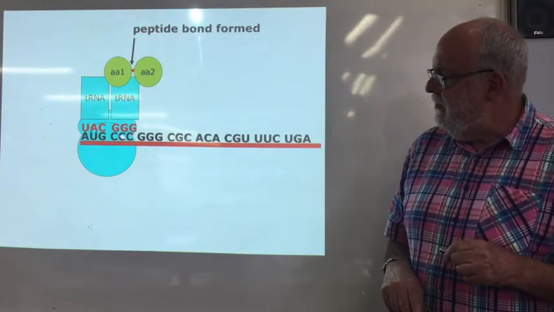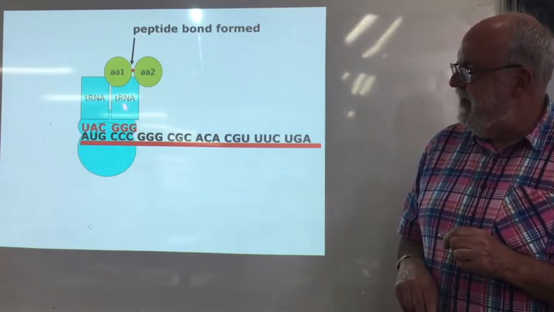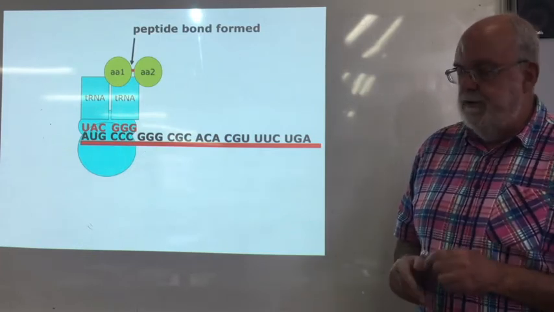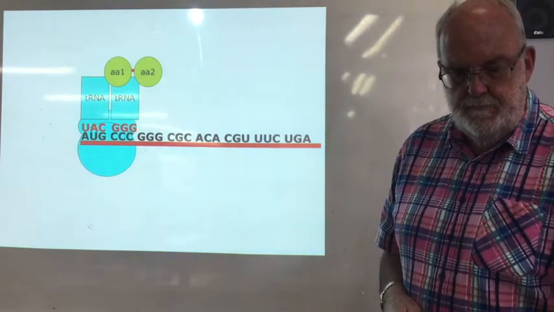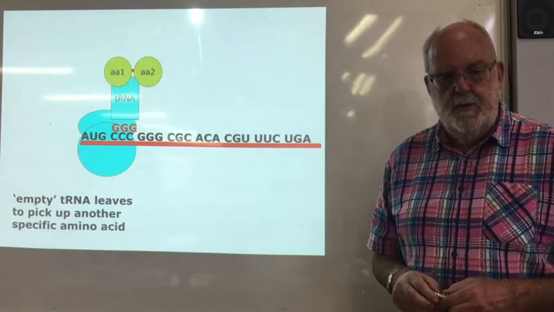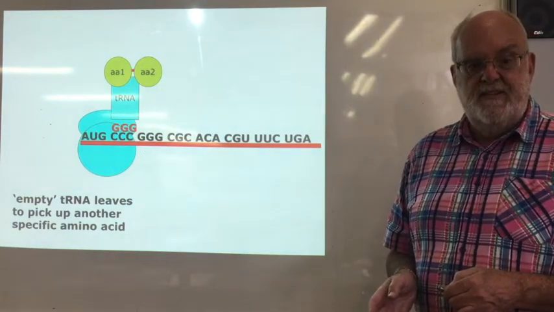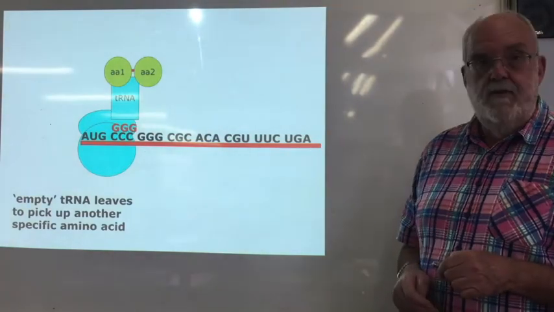So now we seem to have filled up the ribosome. There's no spaces for any more transfer RNA to join on. So the next thing that happens is that the first one disappears, and that will be recycled. That will join on to another amino acid and can be reused.